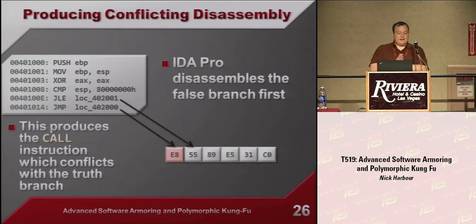So with these false conditionals I was mentioning, we have the truth branch point 1 byte in, and the false branch point 1 byte before. If it's doing the false branch first, it's going to disassemble the exact wrong instruction, so the truth branch is essentially hidden. And since we have the ability to move around sections of code and change the size of things, I can add these little nuggets all throughout the program because I have free rein to add code as needed.